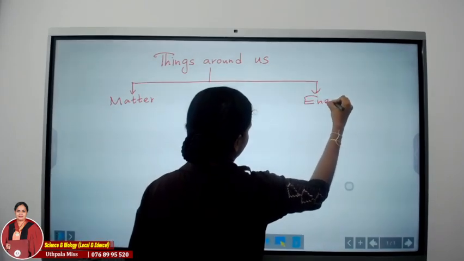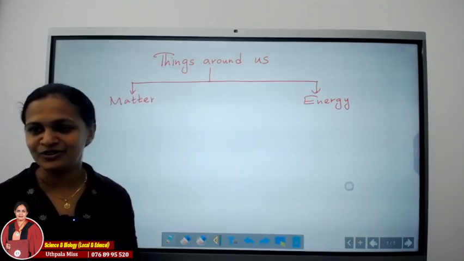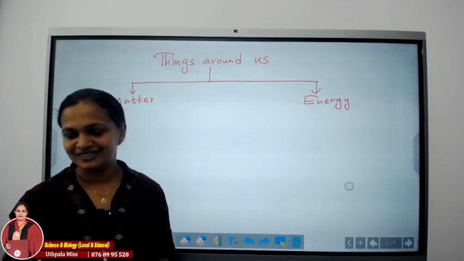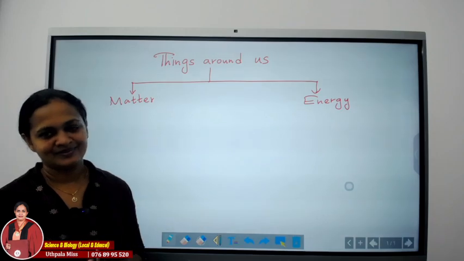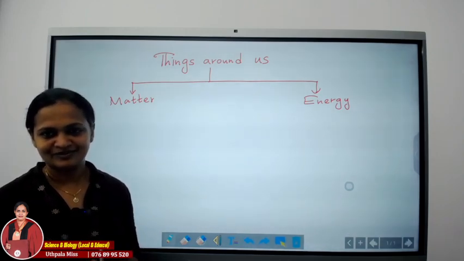So what's the difference between these two? Yes, what is the difference between matter and energy, if you know, Ayan? Anyone else? Tuan?